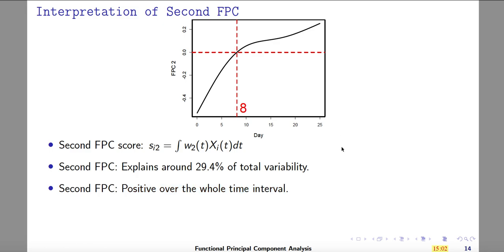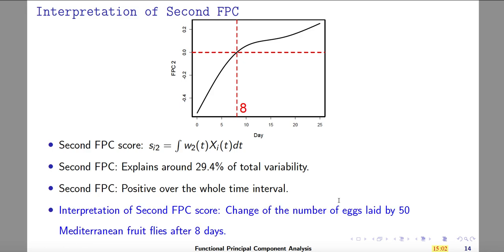Therefore, the second FPC can be interpreted as the change in the number of eggs laid by the fruit flies after 8 days compared to before 8 days. If there is more change, the FPC score will be larger. This is how you interpret the second FPC.